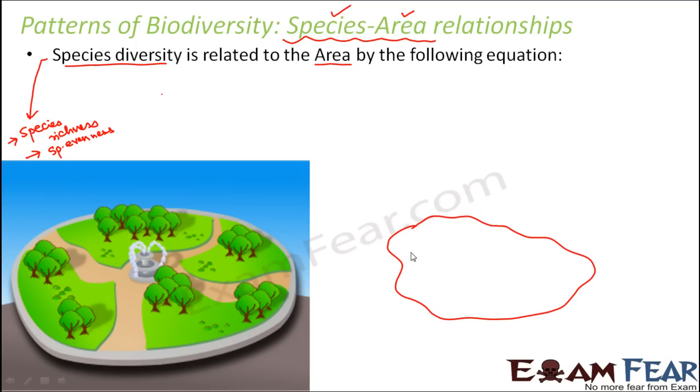This is just an example. Initially there were organisms living only in this much area of this entire region. The organisms were not living everywhere, so the species diversity could be seen only in this area of the region. You found different types of species or organisms in this area.